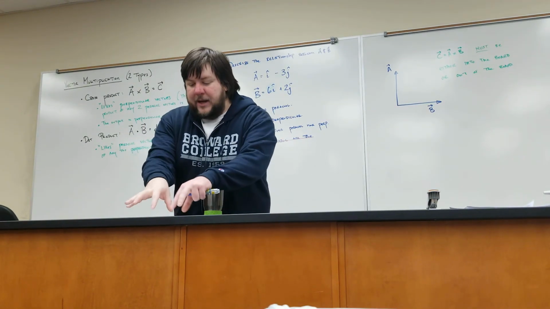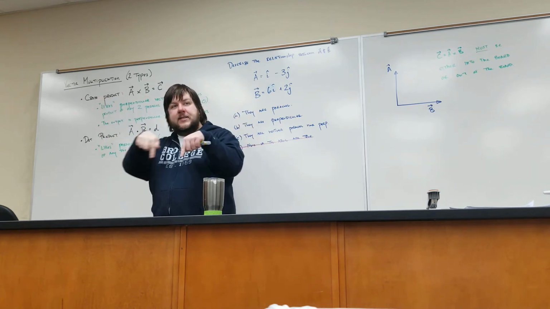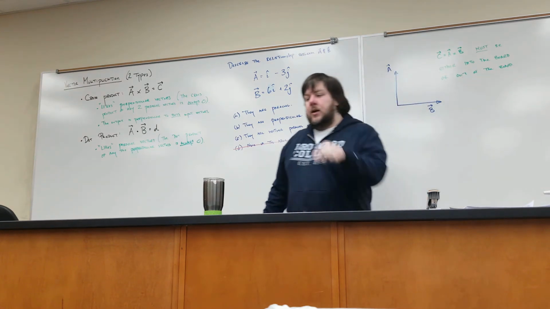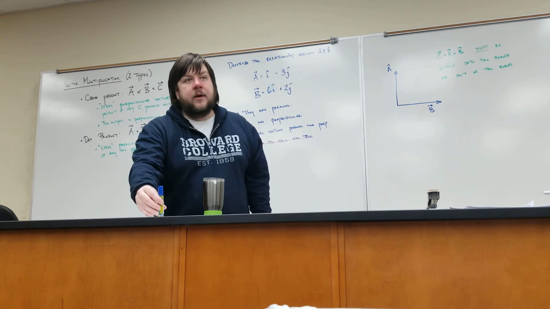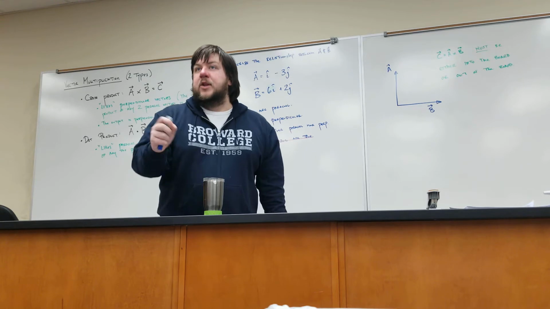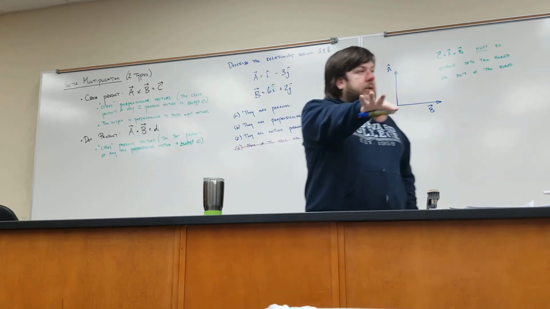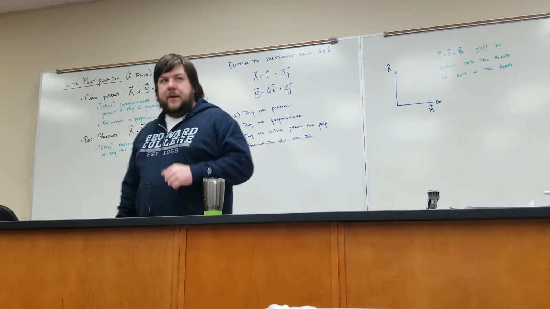So now my sheet of paper defines that two-dimensional surface, and the vector C must be perpendicular to that surface. It can either be perpendicular up, or it can be perpendicular down. But those are the only two possible directions. There are no other directions in three-dimensional space that are perpendicular to the sheet of paper.